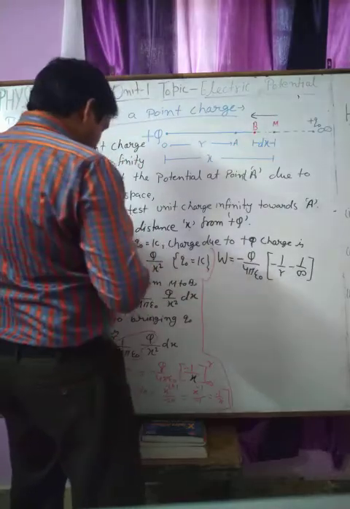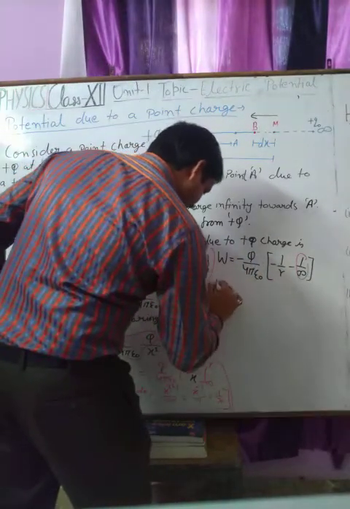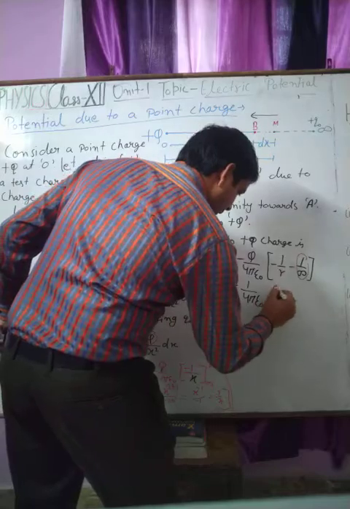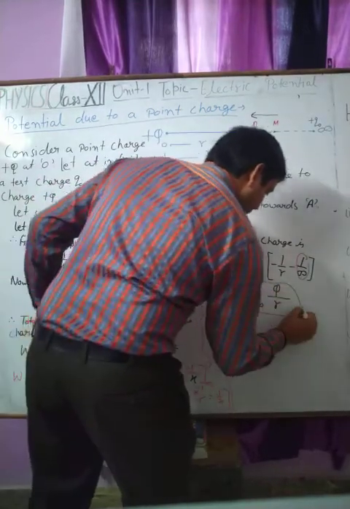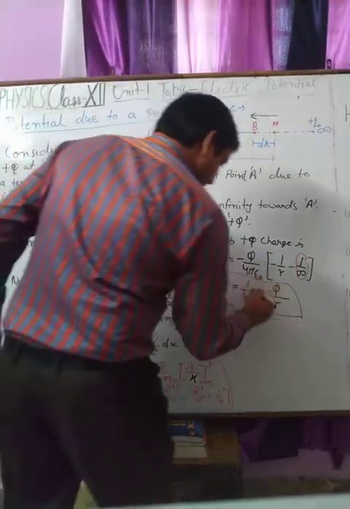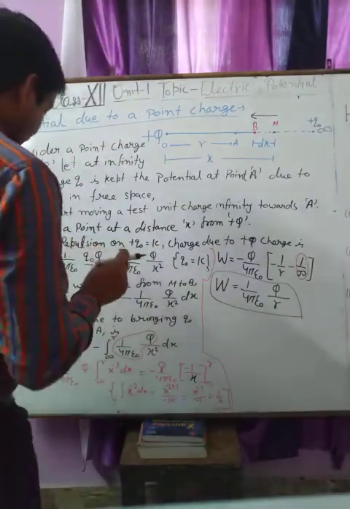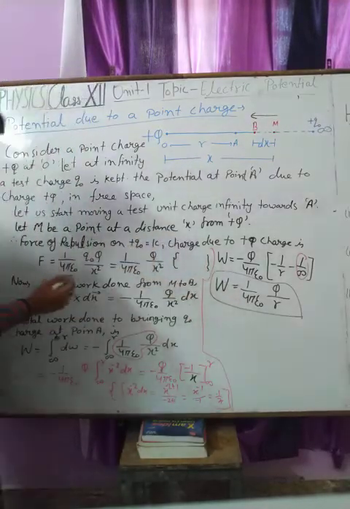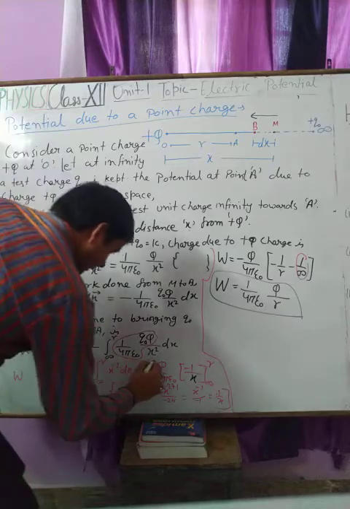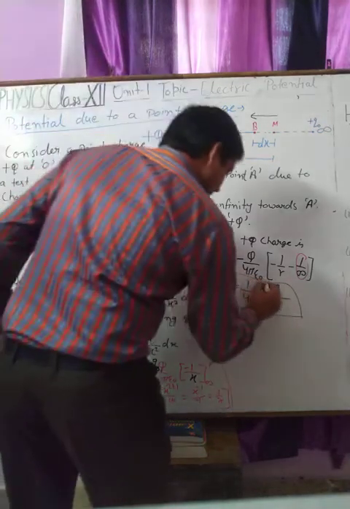Now the value of 1 upon infinity is 0, therefore minus minus plus, we get work done is 1 upon 4 pi epsilon naught q naught q upon r. This is the work done.